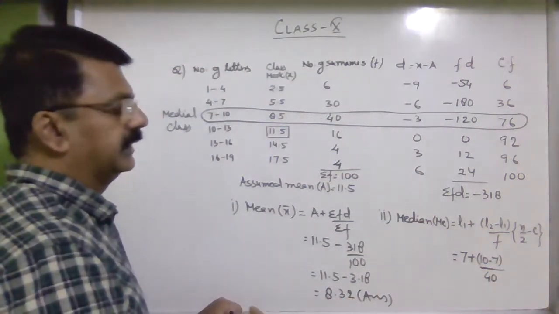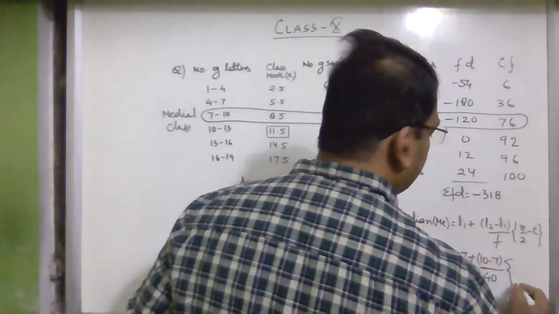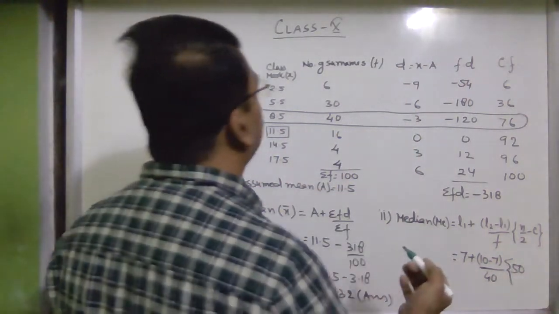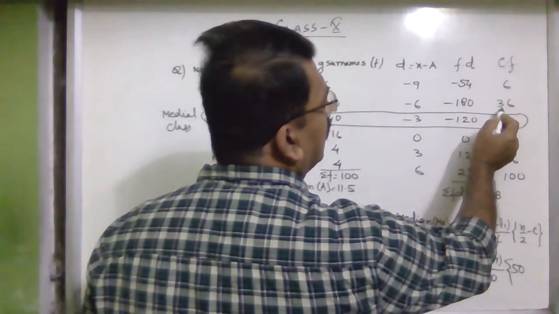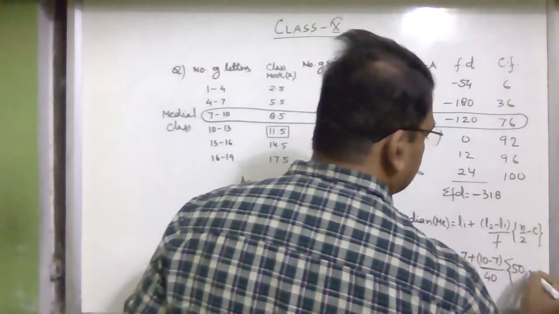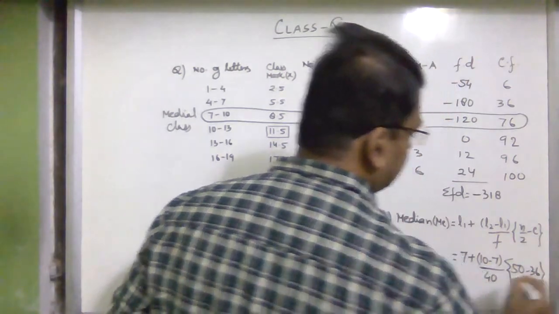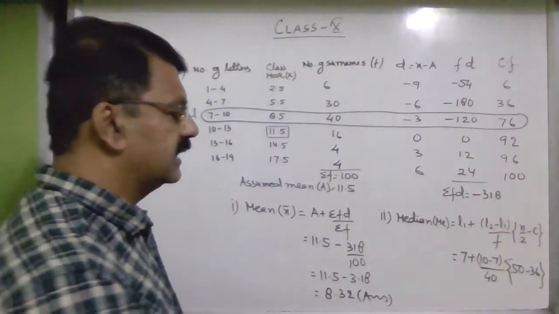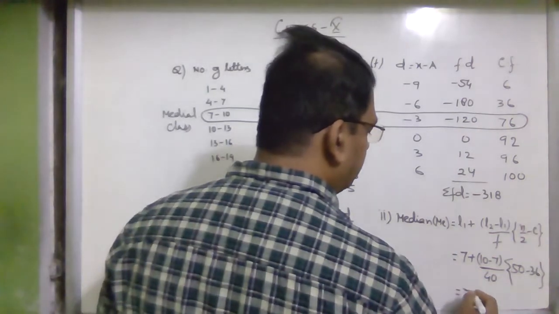Now within brackets N by 2, that is 50, since 100 upon 2 is 50, and the cumulative frequency of the pre-medial class is C, 36. So 50 minus 36.